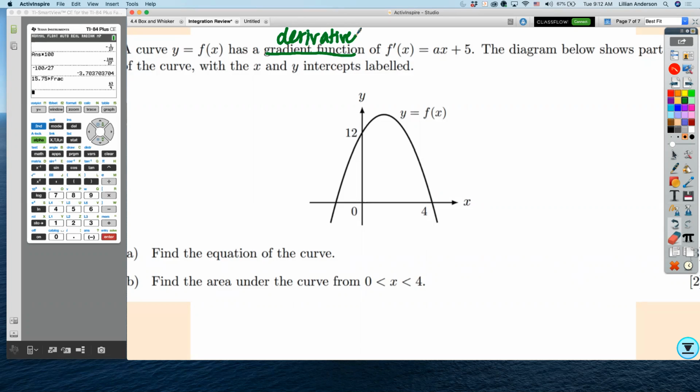To find the original function, you need to do what to the derivative? You've got to find the antiderivative through integration. So I'm going to say the antiderivative of ax plus 5. What's the antiderivative of ax?